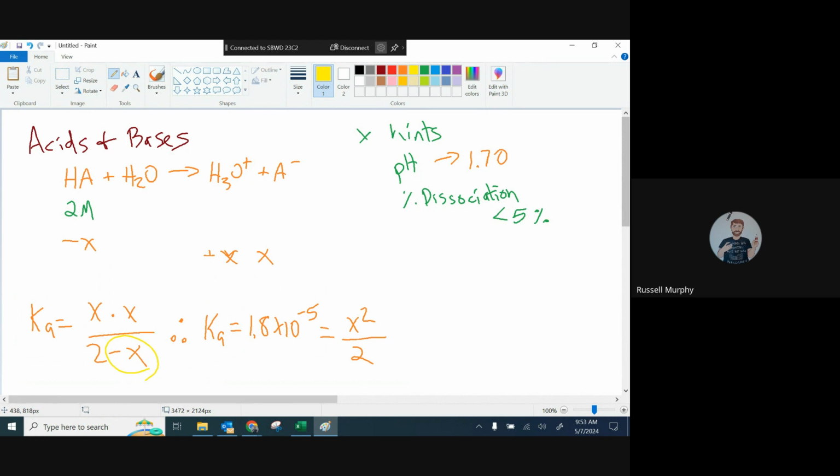And then to solve for the quantities in equilibrium, we cross multiply and take the square root. 2 times 1.8 e minus 5th. And so I got x is equal to 0.006. And darn it, that is pretty small.